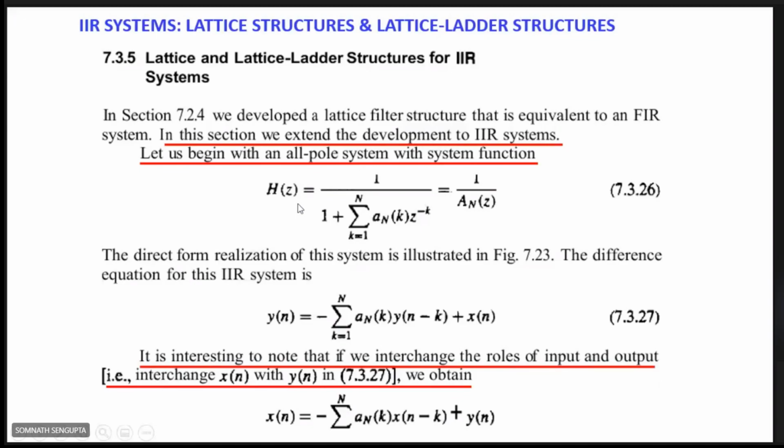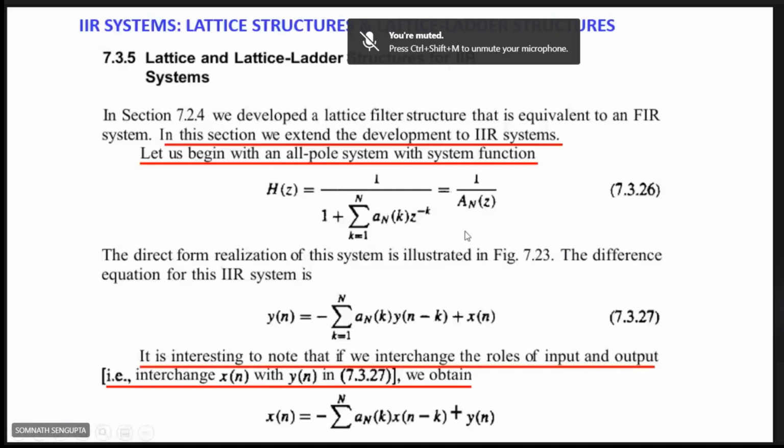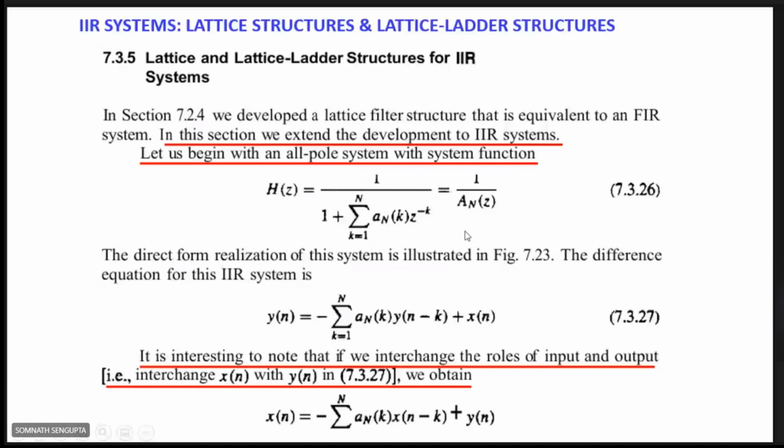You can see it is written H(z) is equal to 1 upon 1 plus summation k equal to 1 to N a_N(k) z to the power minus k. So that is equal to 1 upon A_N(z). A_N(z) represents the denominator polynomial of order N. So as the order changes, the denominator polynomial will also change.